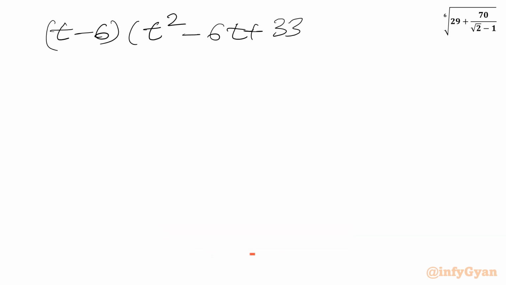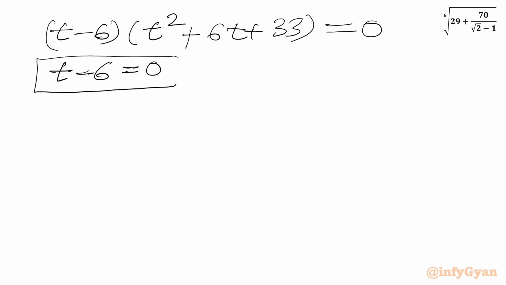So t minus 6 times t square plus 6t plus 33, equal to 0. So from the first equation I will write here t minus 6 equal to 0, and from this bracket I will write t square plus 6t plus 33 equal to 0.